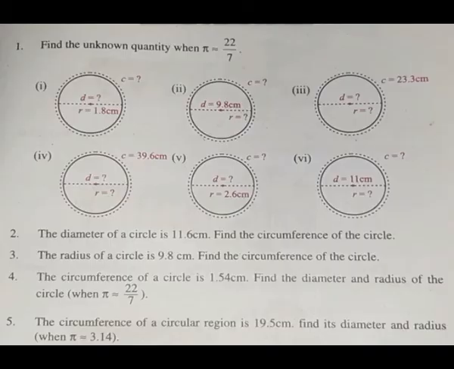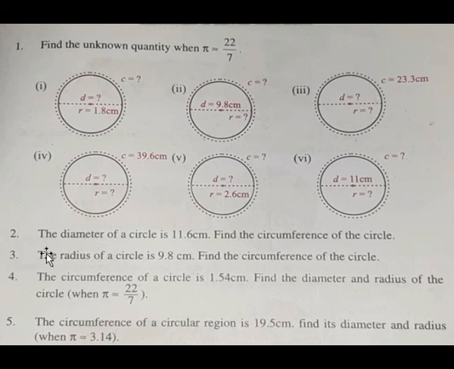Okay, this is your exercise 12.1. I have done this second part for you and the remaining parts. In the remaining parts, look, the diameter is given, and you have to find out the radius. Whenever you have this type of question, you can put the formula D is equal to 2R, and after that you can find out the circumference.